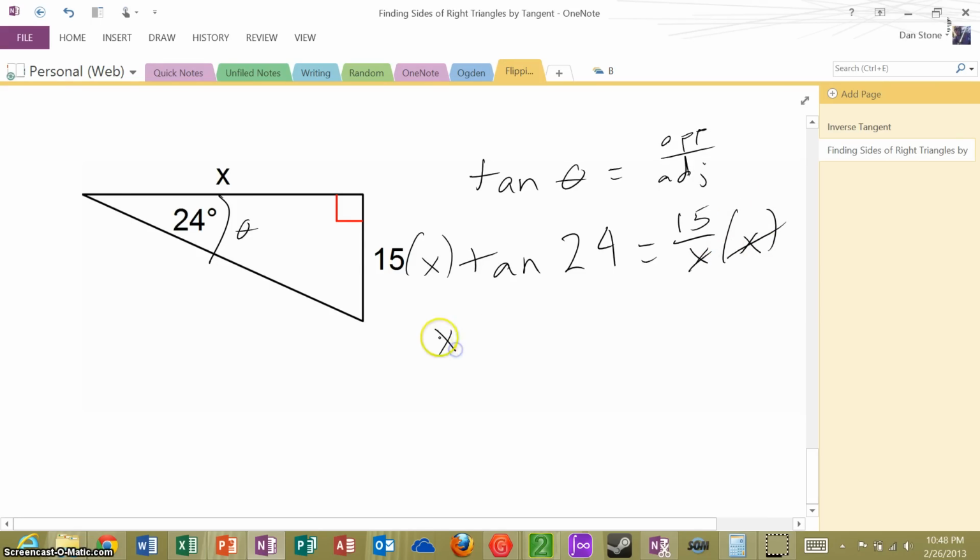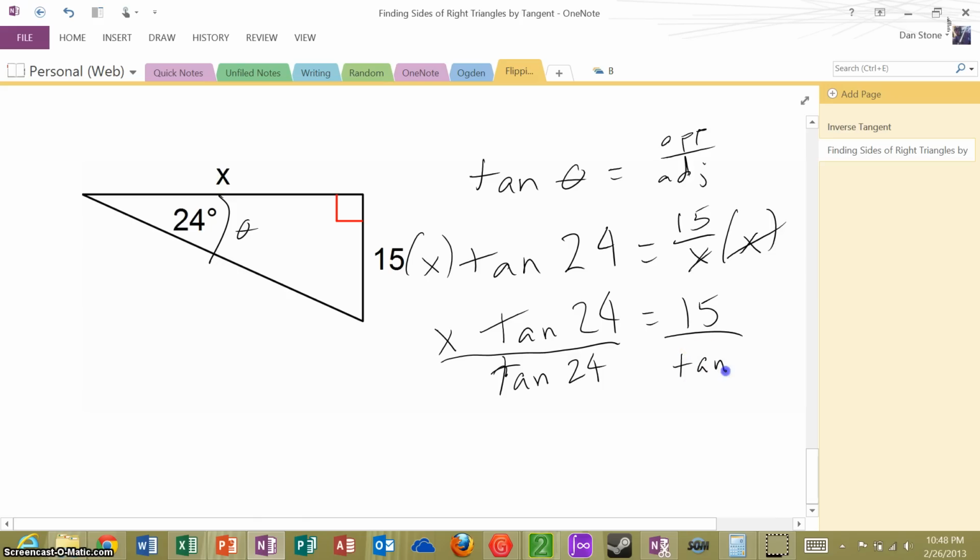So now we have x times tangent of 24 equals 15. We want to get the x by itself, so we can divide both sides by the tangent of 24. These cancel. So we get x equals 15 over the tangent of 24.